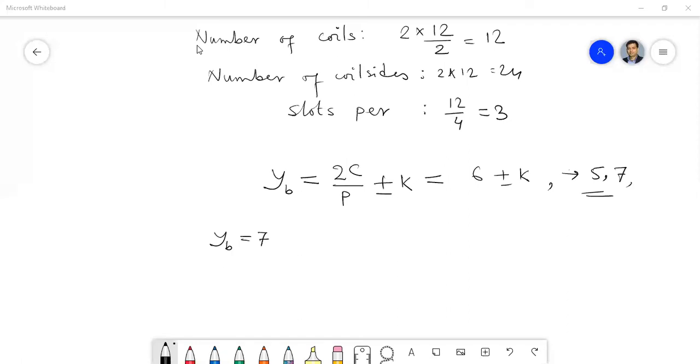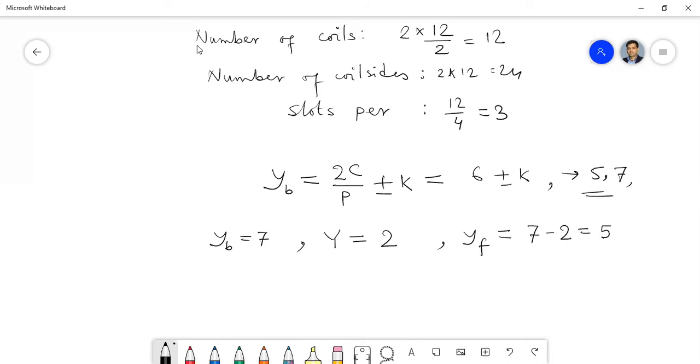Okay, so let us start with YB 7, and you know that for progressive winding, Y will be 2. So that means YF. What is YF? It is 7 minus 2.